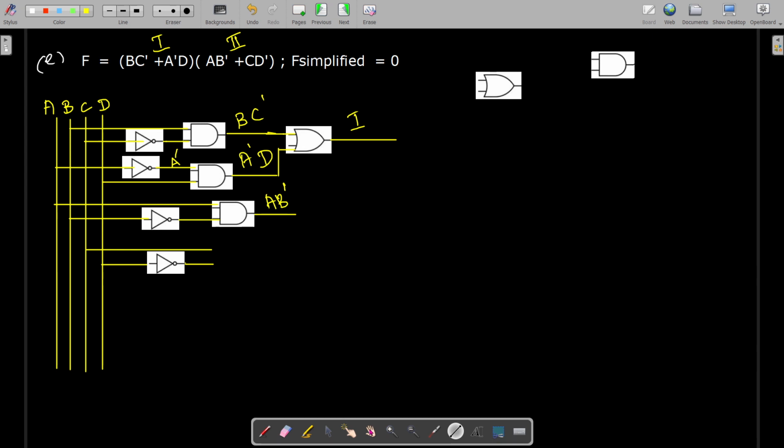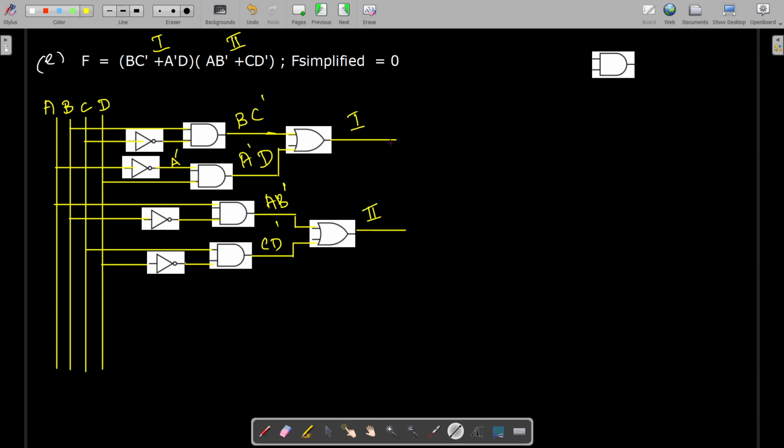These two are now given to one two input AND gate, so that we get CD dash. These two must now be combined with the help of one two input OR gate again, right? So the output is now our second term.